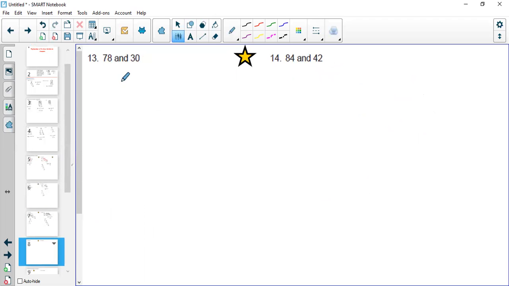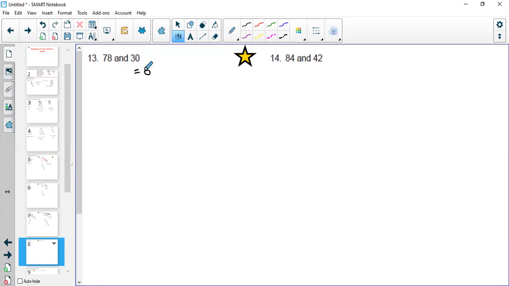Now for this, I'm not going to do the steps, rather I would just give you the answer, because we have done enough questions now on how to find them. Okay, so for this, the GCF of 78 and 30 is going to be 6. If you do have any doubts, you could definitely ask. It's the same way which we have done already.